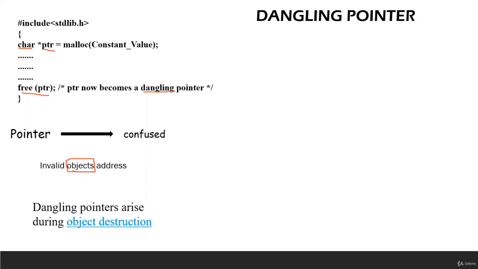Actually, dangling pointers arise during object destruction. When an object that has an incoming reference is deleted or deallocated without modifying the value of the pointer, the pointer still points to the memory location of the deallocated memory. The system may reallocate the previously freed memory to another process.